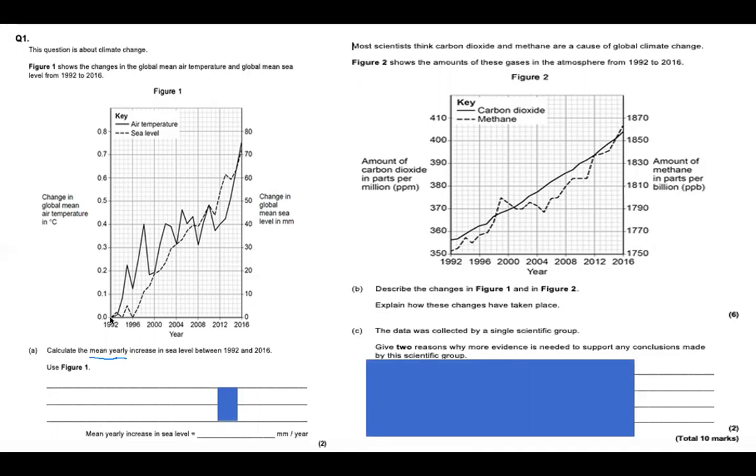But from 1992, the change in sea level went from 0 to, what's that, 74? So the change is 74 millimeters overall, but that happened between 1992 and 2016. So that is 16 plus 8. That is 24 years. So the mean is 74 divided by 24.